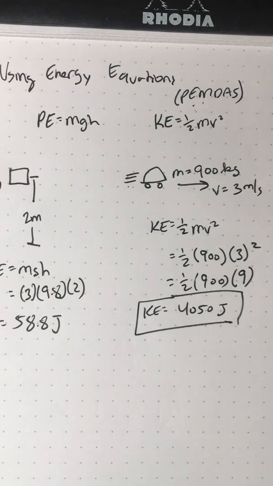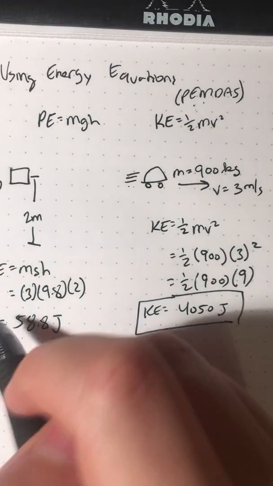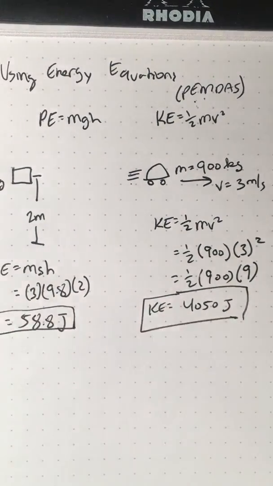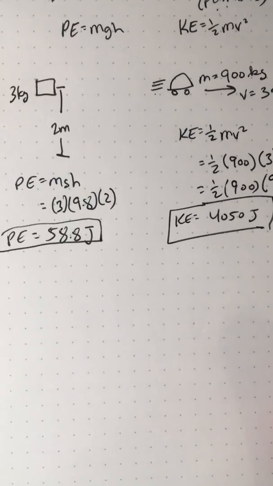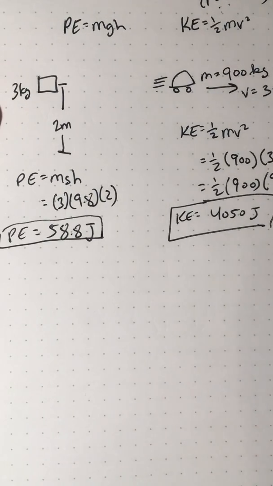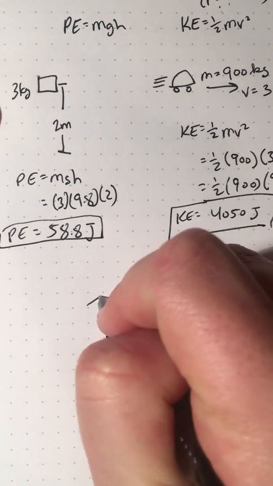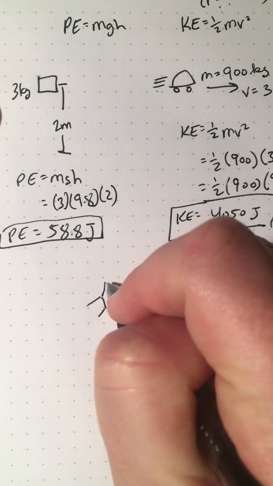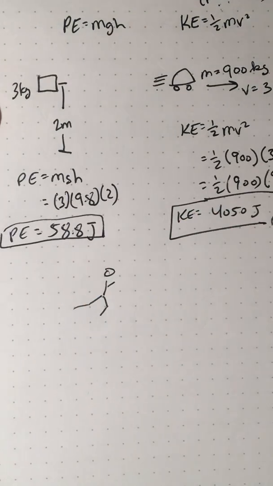I'm only going to do one other one, and you may not need this. Well, let me show you what the problem is first. What if I told you the kinetic energy? Here's going to be a runner now. Can I draw a runner? Not really, but okay.